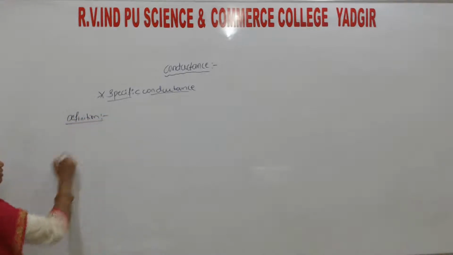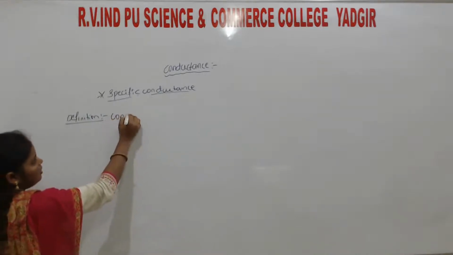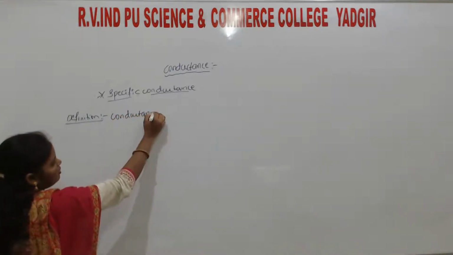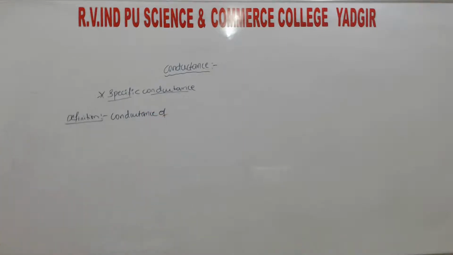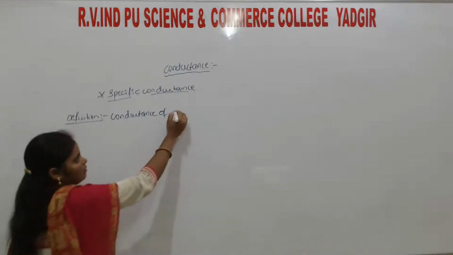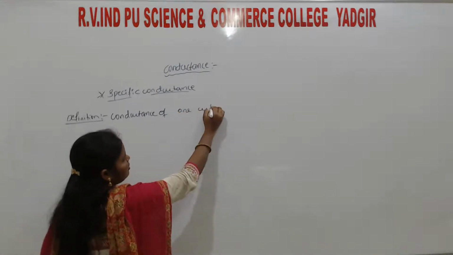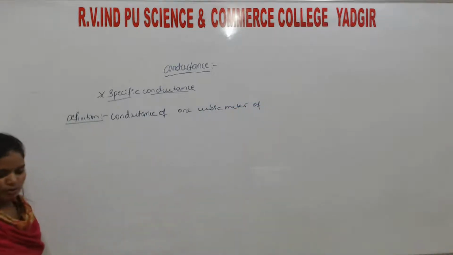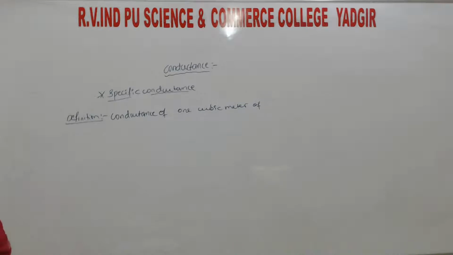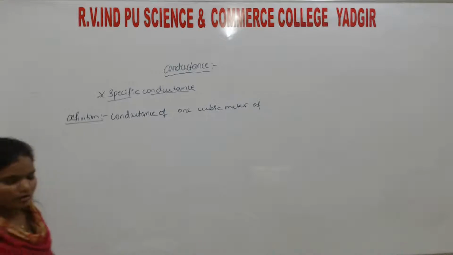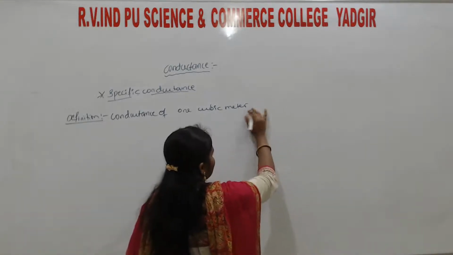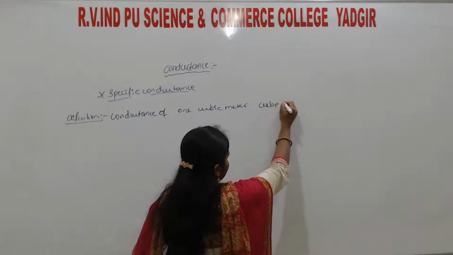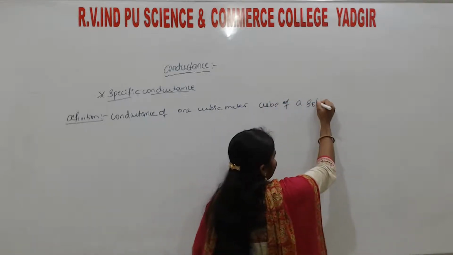Definition: conductance of 1 cubic meter cube of a solution of an electrolyte.